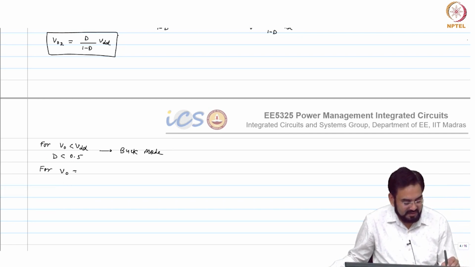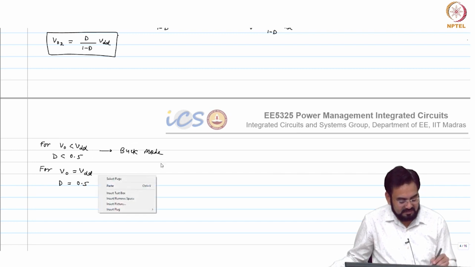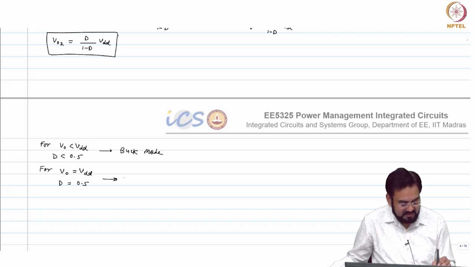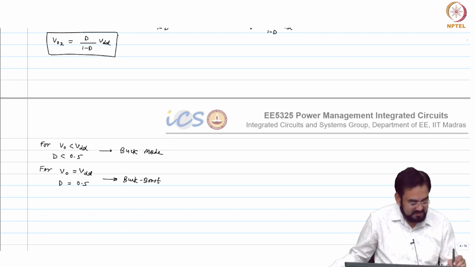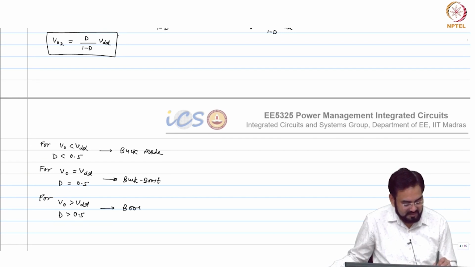For V out equal to VDD, what is D? 0.5. This is buck boost. And for boost, what should be D? Greater than 0.5.